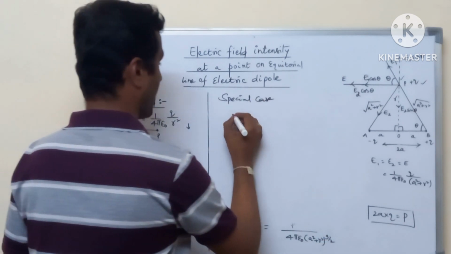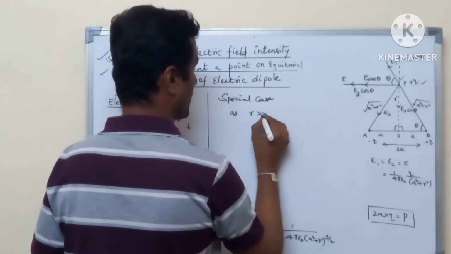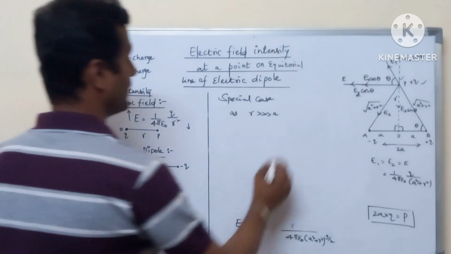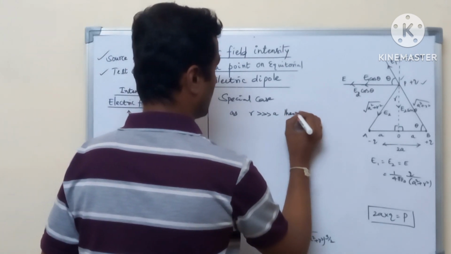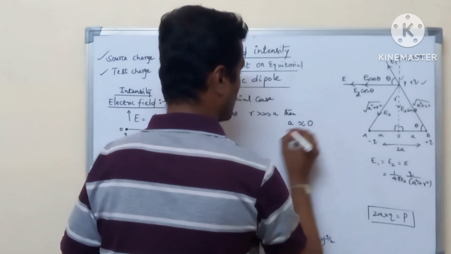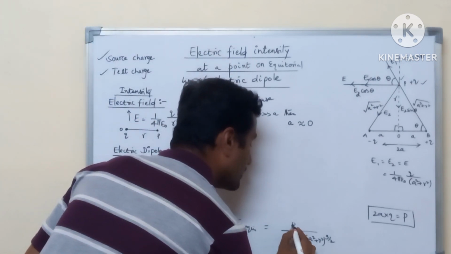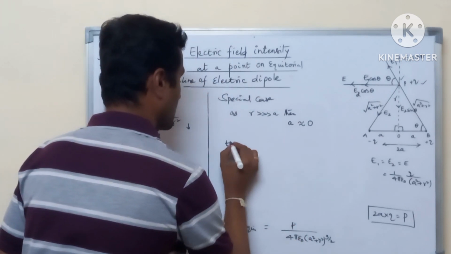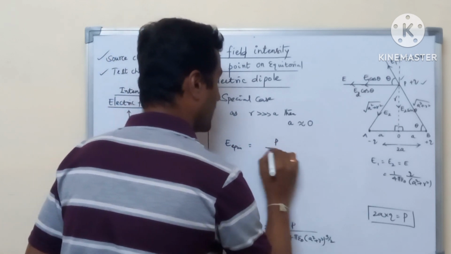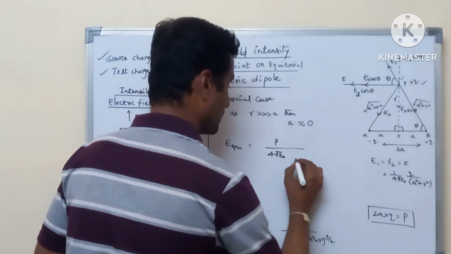Special case: as r is very much greater than a, then a can be approximately equal to 0. Now we can write this equation as E equatorial is equal to P divided by 4 pi epsilon naught.